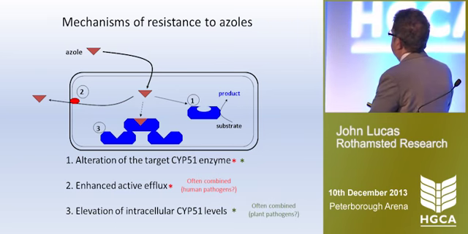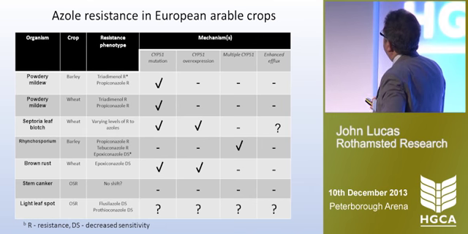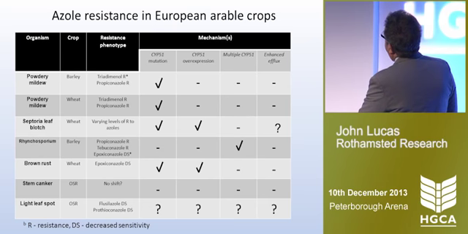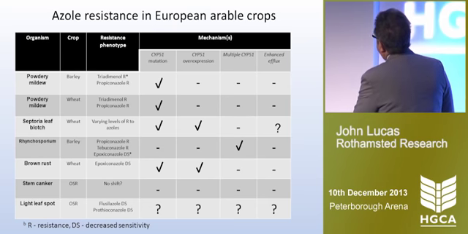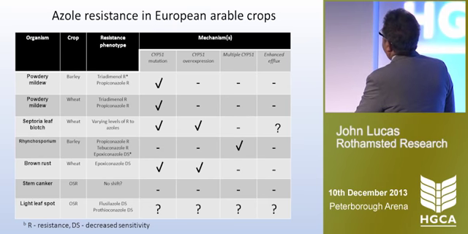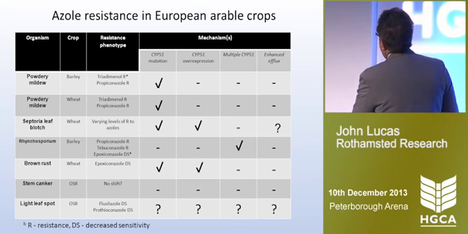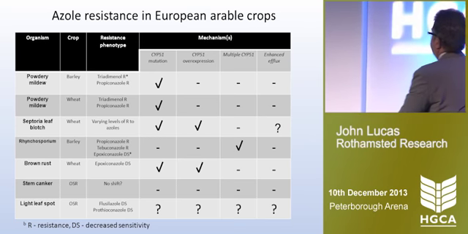Now, looking at azole resistance in European arable crop pathogens, there are a number of examples where we know that the target site changes, which are here, have compromised efficacy in powdery mildews, in Rhynchosporium. There's been some examples in rusts. As yet, no real information on stem canker.